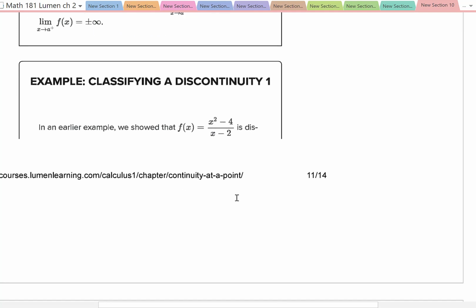So what would this one be? Well, we saw this one earlier. If you recall the graph of this, it looks something like this. And at 2 it had a hole. So this one would be a removable discontinuity.